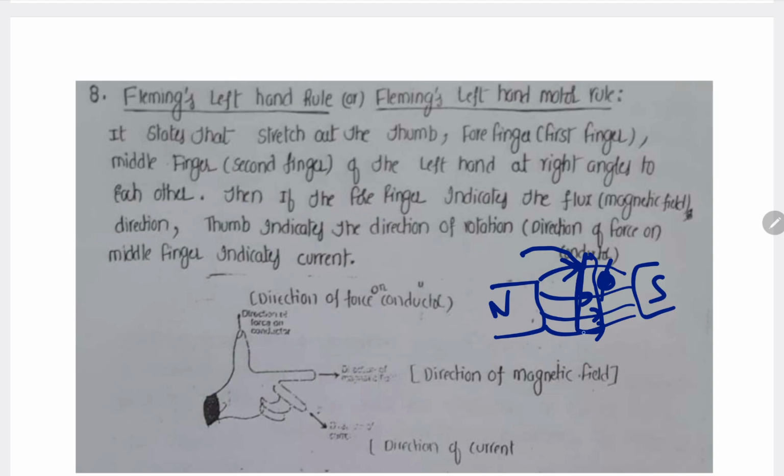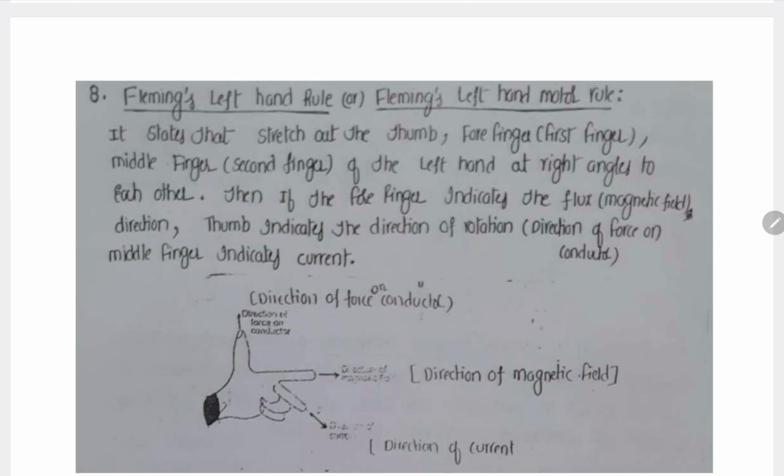We want to find out the direction of this force exerted on the conductor. That will be determined using the Fleming left hand rule.